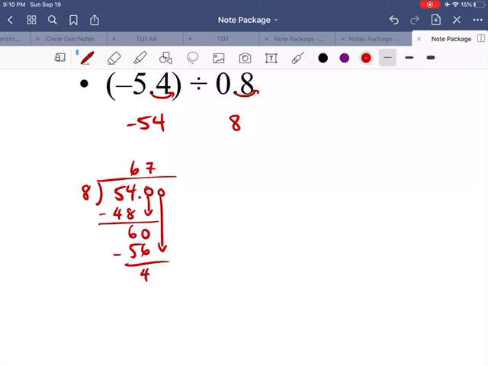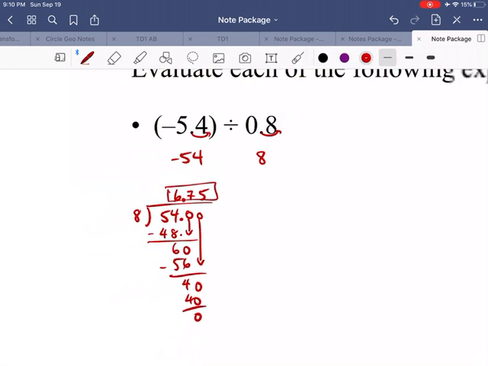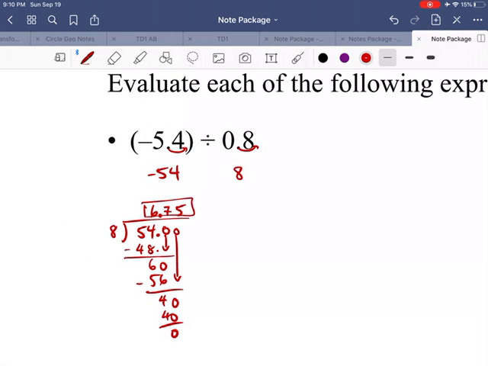And another 0. Keep going, and that goes in 5 times. After the 54, I had to start adding decimals. So my answer also gets a decimal here. So it's 6.75. Now a negative divided by a positive is going to be negative, so my answer is negative 6.75.